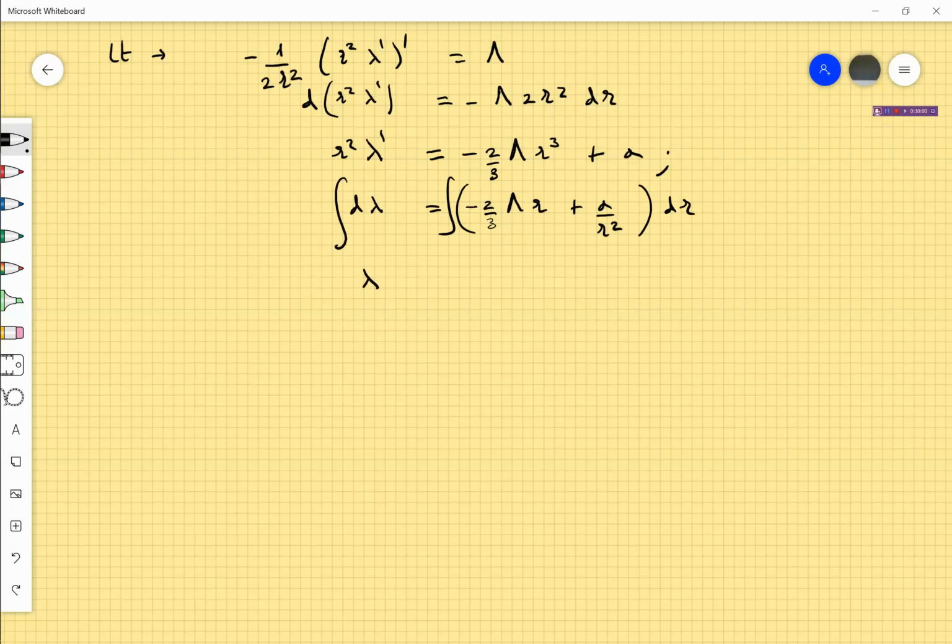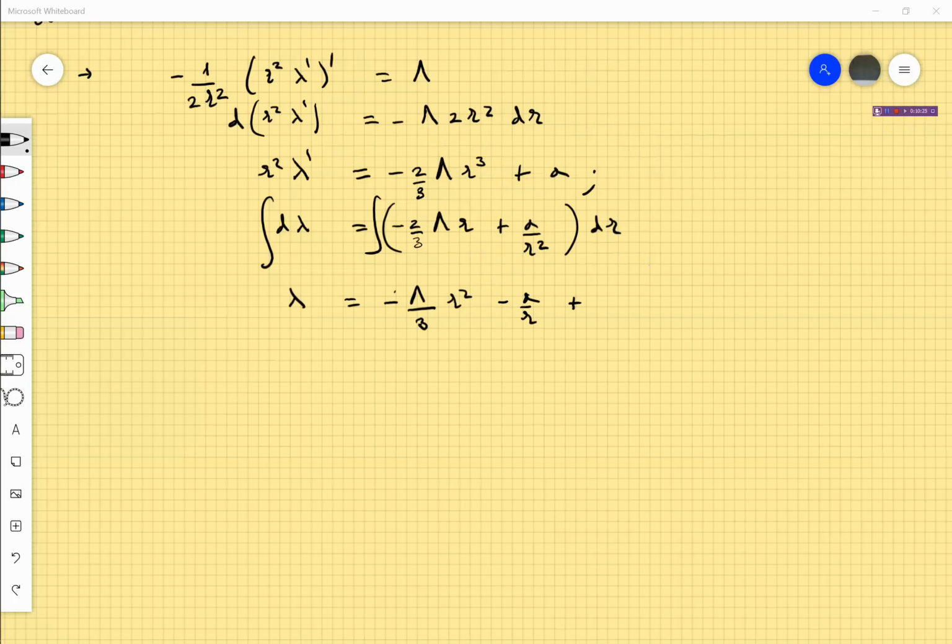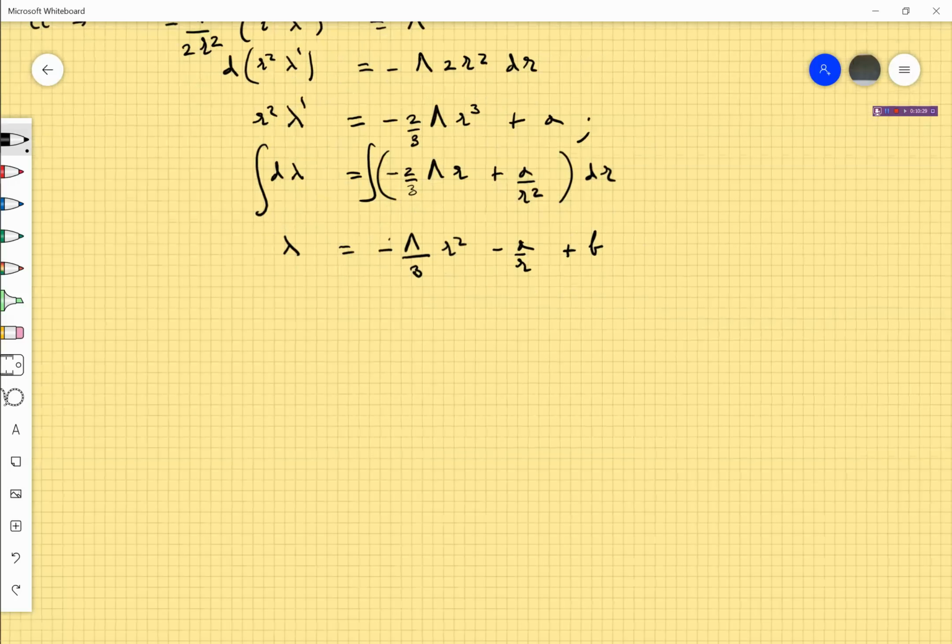This gives us lambda equal to minus capital Lambda over 3 r squared minus a divided by r plus some other constant that again I call b. Okay, and this is just the solution.